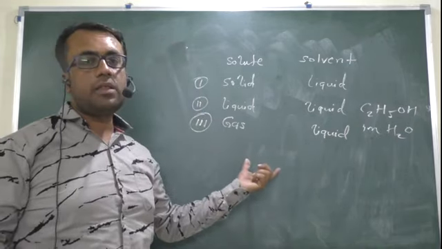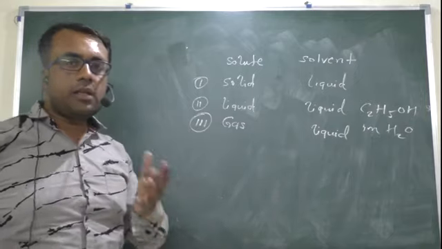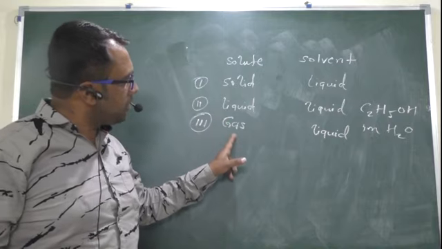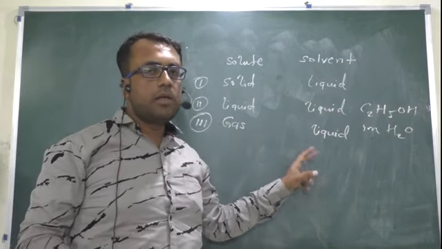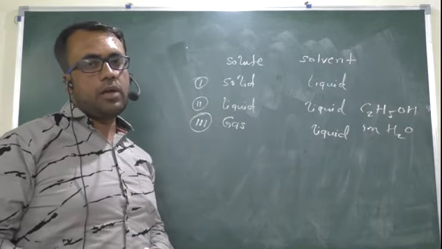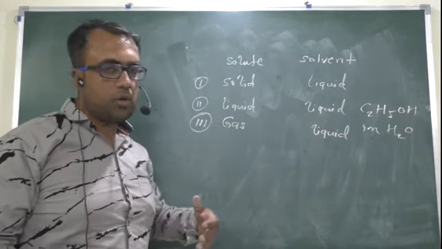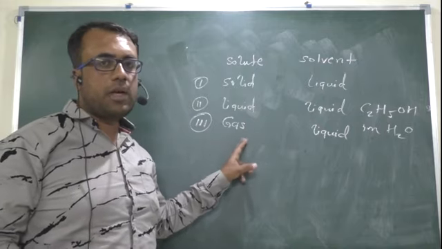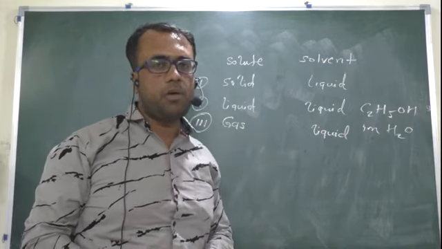Pressure applied on the gas must be higher. In other words, the solubility of a gaseous solute in a liquid solvent is governed by Henry's law. We'll study Henry's law later, but for the time being, remember that the solubility of a gas in a liquid works on the principle of Henry's law.